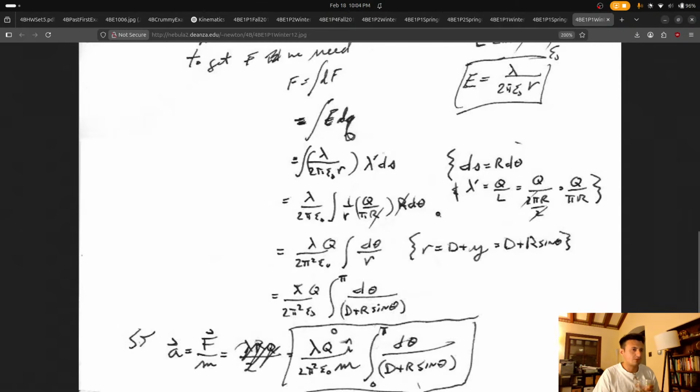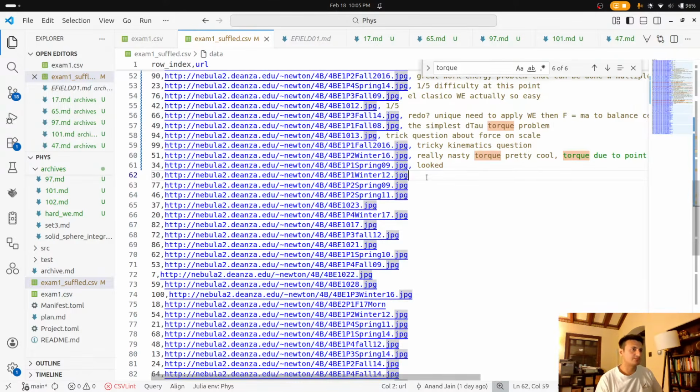Pi r. Zero to pi. Yeah. So wait, so we found the force. We should divide by that. Okay. That's a pretty good one. That's a really good one.